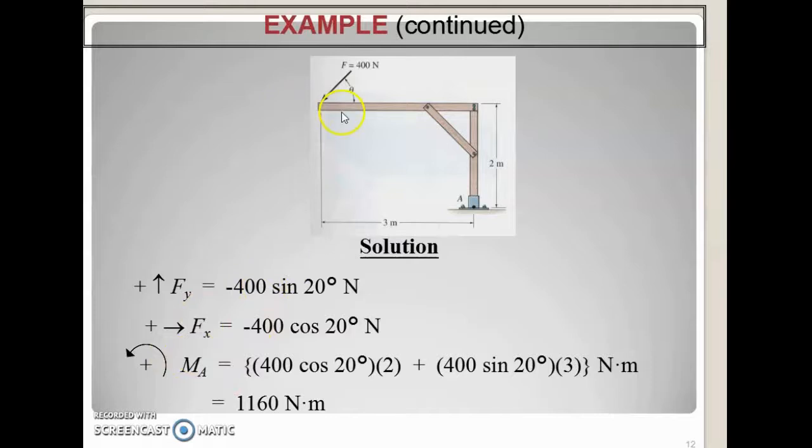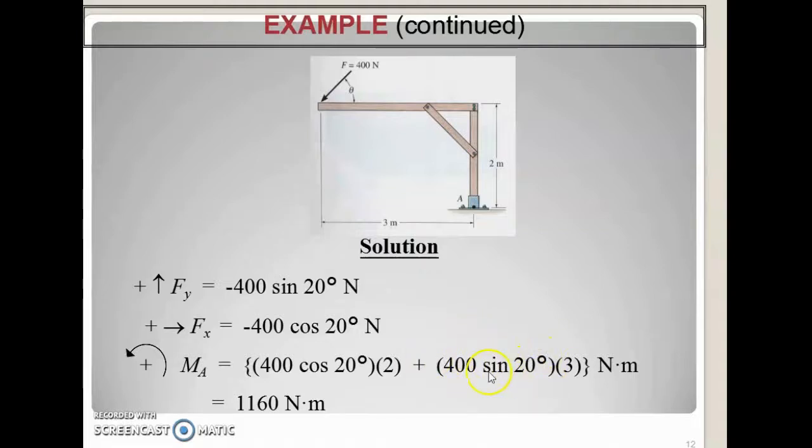To find the moment for Fx here, you multiply with the line of action of Fx. You must remember the line of action is perpendicular. So the line of action for Fx is this one, which is 2 meters. So multiply with 2, then plus the moment for the component of Fy.